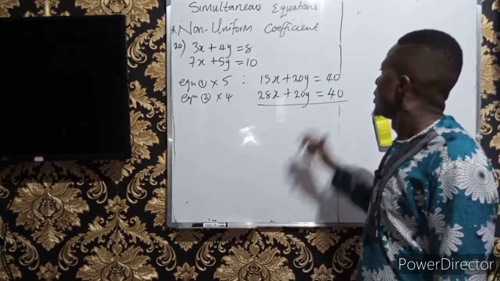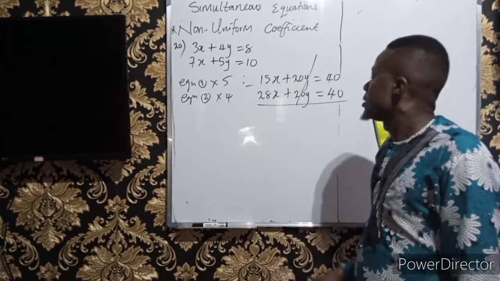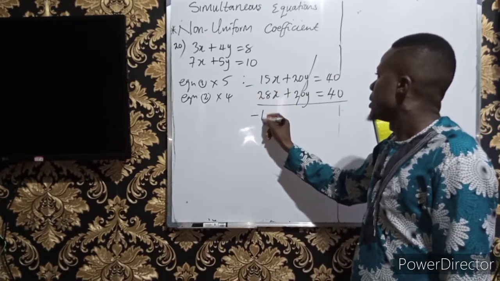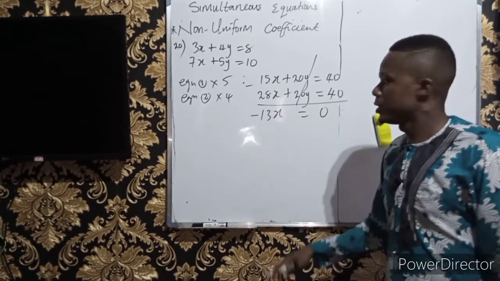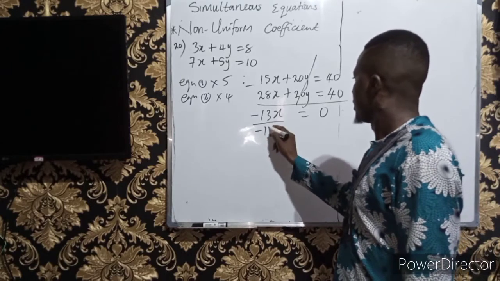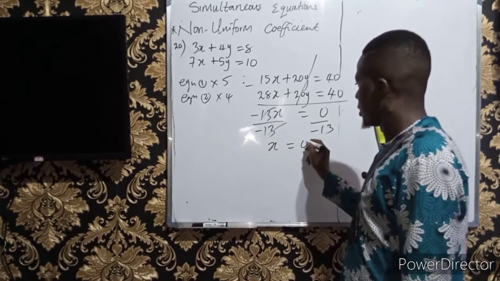So we have to subtract to eliminate this. This minus this will give us minus 13x is 0 because 40 minus 40 is 0. So dividing both sides by negative 13, we shall have that x is 0.